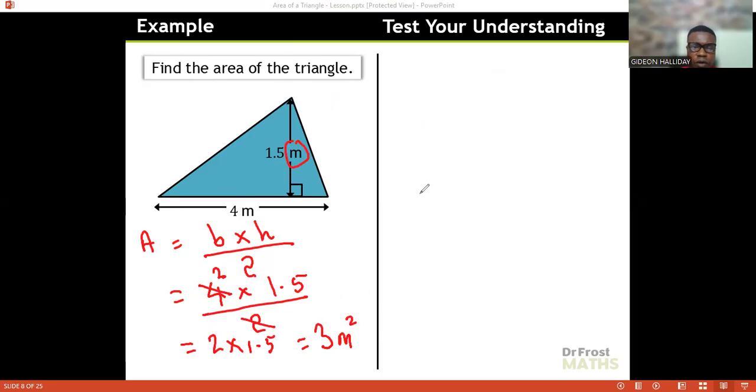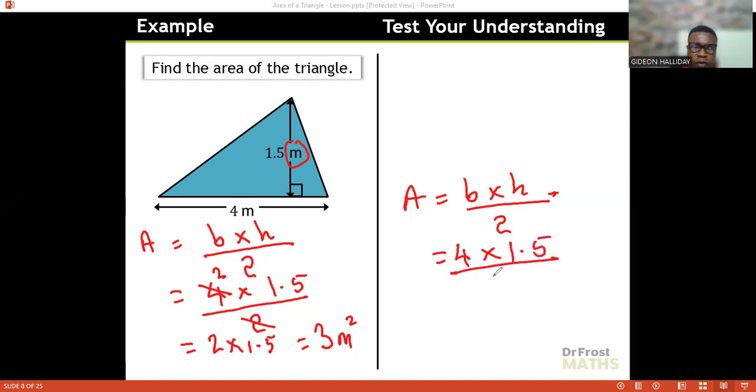And then another way, it's base times height over 2. So you can do 4, of course, base is 4, and then height 1.5 divided by 2. So you can decide to do your 4 times 1.5 first, right? So 4 times 1.5, 4 times 1 is 4 plus 2, 6. So that's 6.0, right?